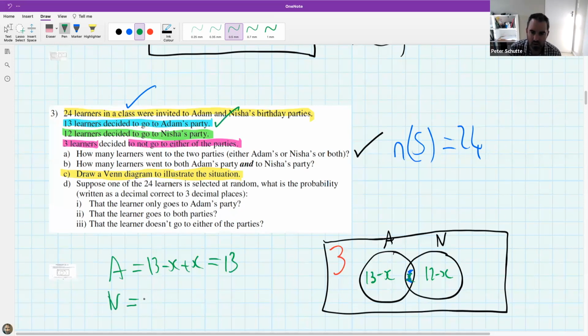If I go N is equal to X plus 12 minus X, I get the 12. So it's a sneaky way to get representations, but I still haven't found X.